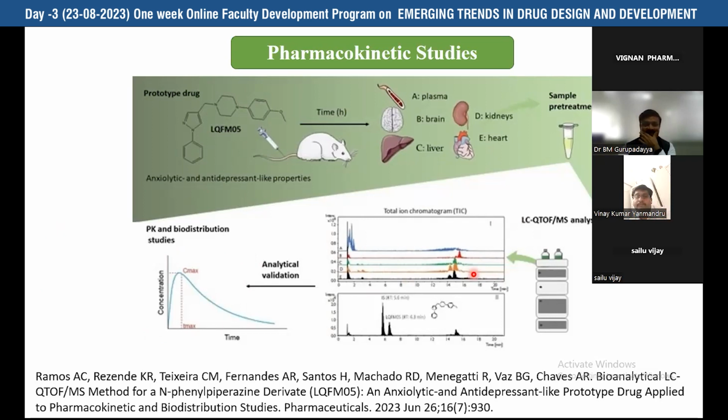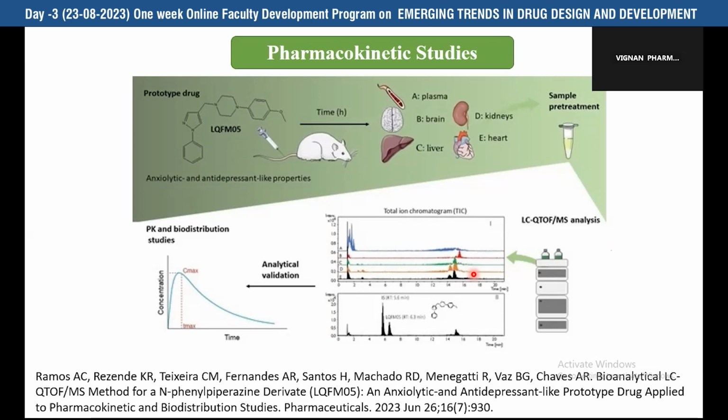Again, in LCMS there are different types of analyzers you are aware of, maybe a simple triple quadrupole analyzer, or the time of flight analyzer, which gives the information differently. These can be used in kinetic studies for the identification and quantification of the drug, from which we get the response.